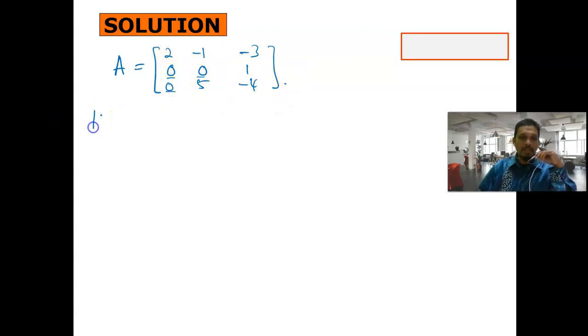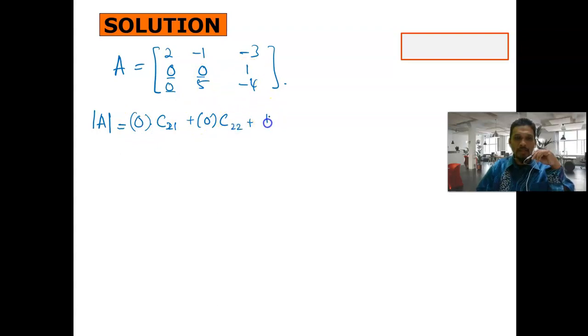So let's say determinant of A, I choose expansion in row 2. Okay, row 2, the element of here is 0 multiplied with cofactor of 2, 1, plus with another 0 with cofactor of 2, 2, plus with 1 and cofactor of 2, 3.